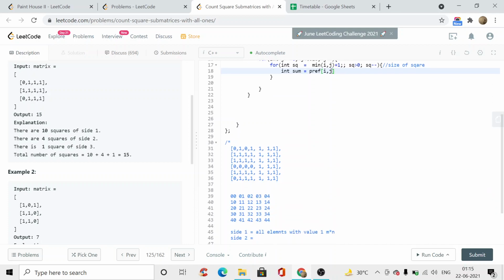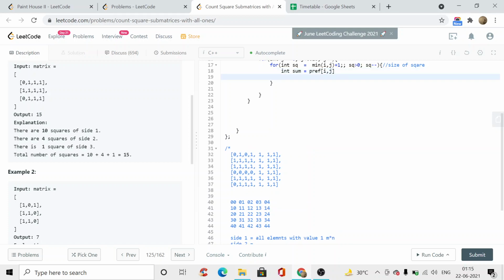So right now it is this whole sum from 0 0 to 4 2, but we need to cut this part, so we will subtract something. We have to add constraints also, but we'll add them later. Pref of I minus sq. I is 4, 4 minus 3 is 1, so we reach correctly, and then j will remain the same.